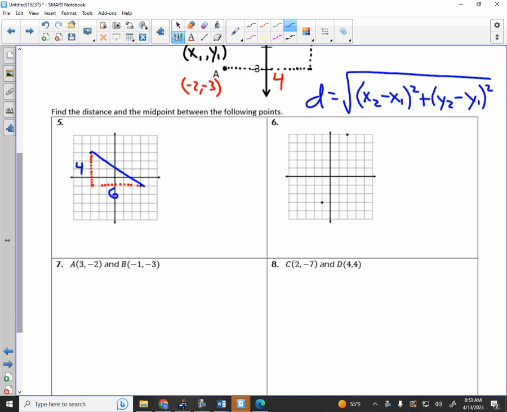So if you want to find the distance, we have 4 squared plus 6 squared is equal to d squared. Sorry about that, 16 plus 36 is equal to d squared. 16 and 36 make 52.